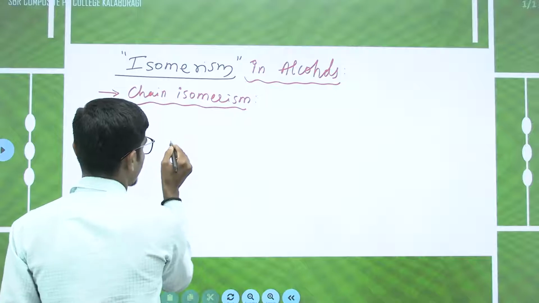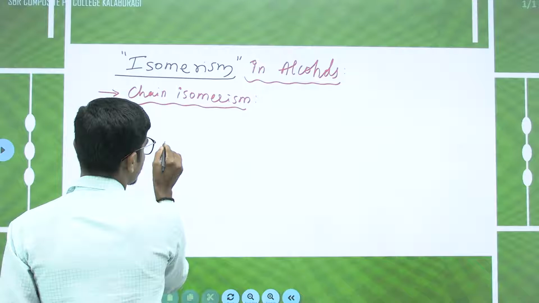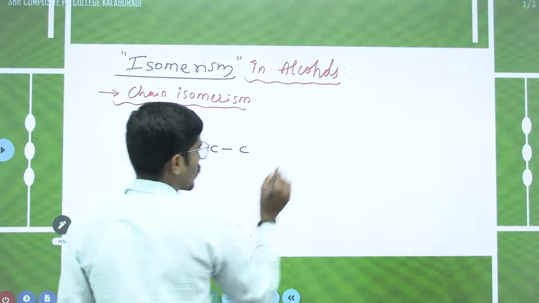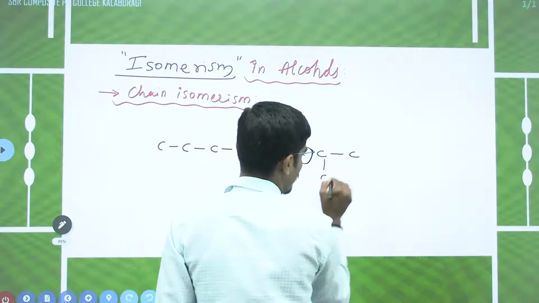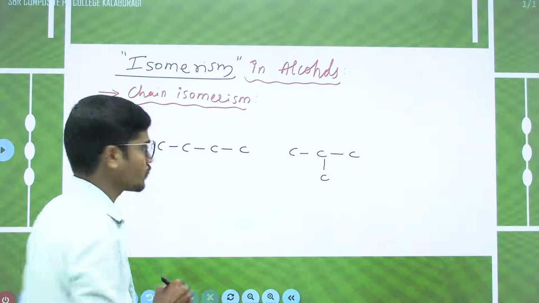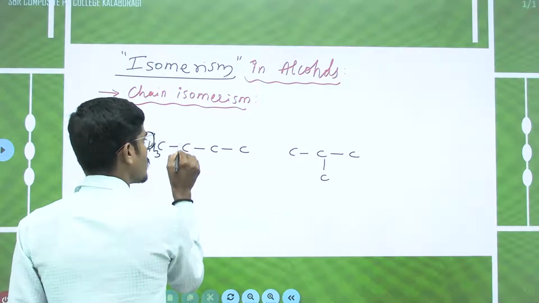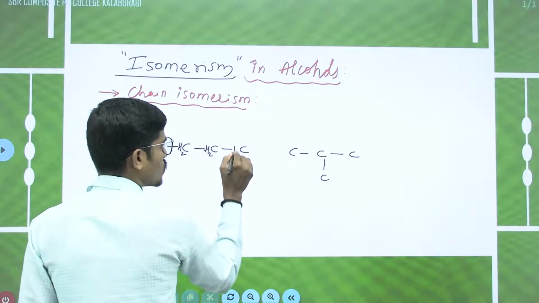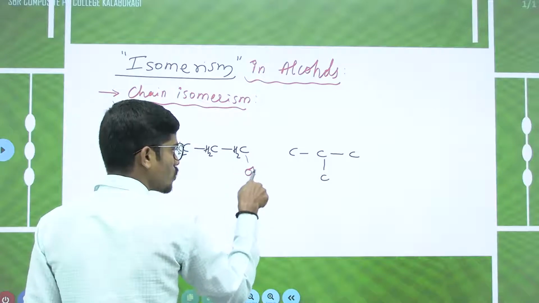The compounds which have the same molecular formula: CH3, CH2, CH2, CH2, and one OH group, with 4 carbon atoms.